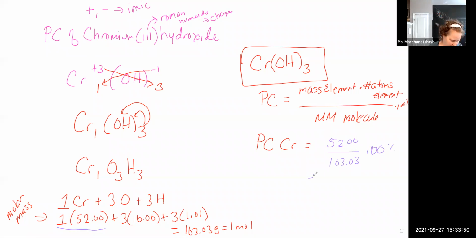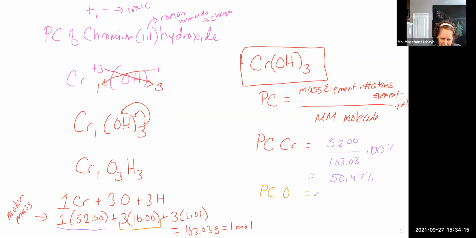52 divided by 103.03 to 2 decimal places, 50.47%. So there's about 50% of chromium by mass in chromium 3 hydroxide. So what about the other guys? The percent composition of oxygen.